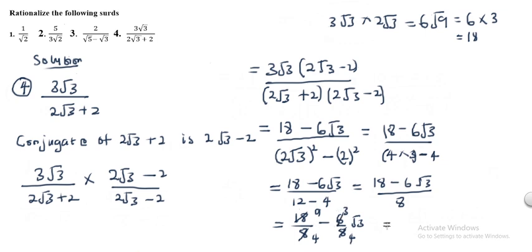So this will be equal to 9 over 4 minus 3 over 4 root 3. Since they have the same denominator, you can rewrite this as 9 minus 3 root 3 over 4. So this is my final answer for this surd.